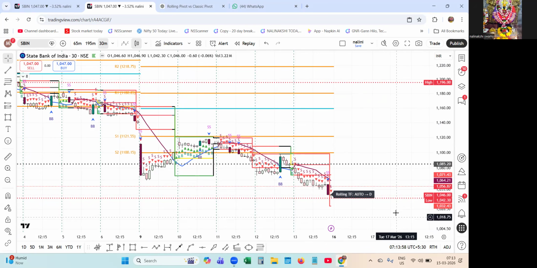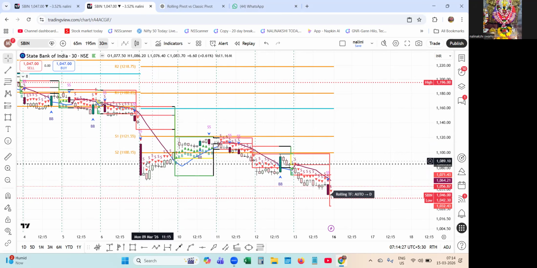On the 30 minutes time frame on the 9th, it is giving the rolling pivot for the entire day, moving down. On Monday, it starts moving up. It changes its direction. Then Tuesday, and this is Wednesday. On Wednesday, it becomes narrow. You can see the rolling pivot.